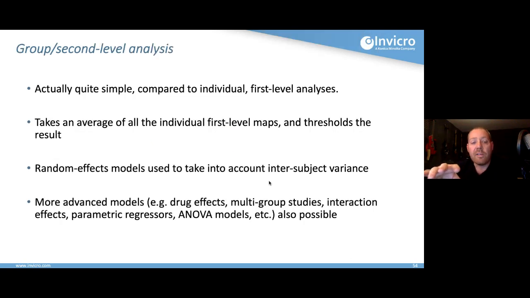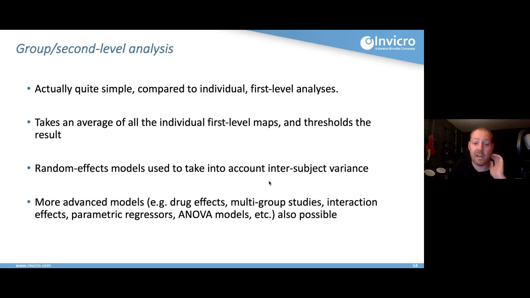Everything that I've been talking about so far is what we call individual or first level analysis. So this is analysis of an individual subject scan. At some point, what you want to do is take all of your individual subjects and put them all together into a second level analysis or a group analysis. I'm not going to talk about that today. It's actually relatively simple compared to first level analyses.